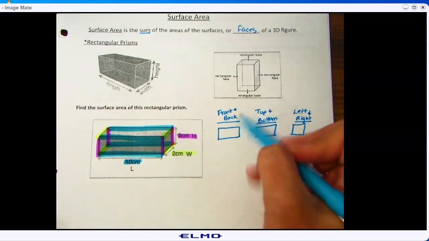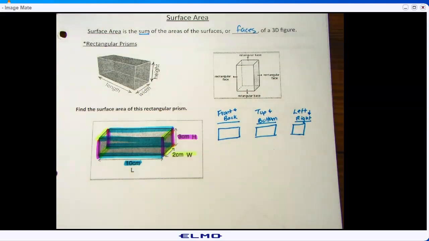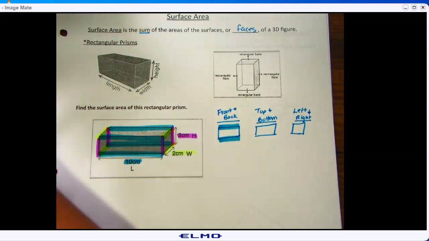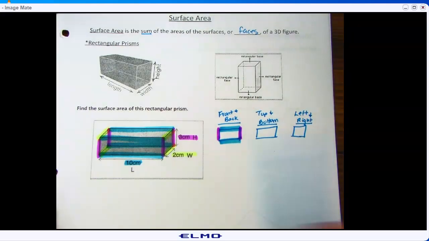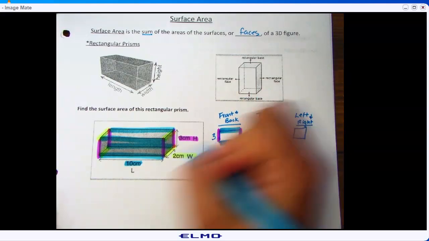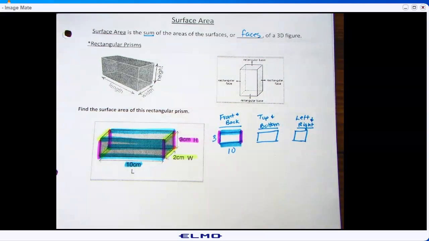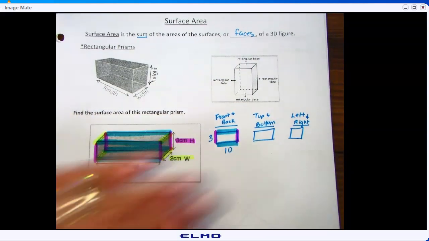For our front and back, if you were to cover up what you can, the front and back is made up of a blue line and also our purple line. Purple is our height of 3, blue is 10. For top and bottom, if you cover up and just look at the top, you have a blue and a yellow.